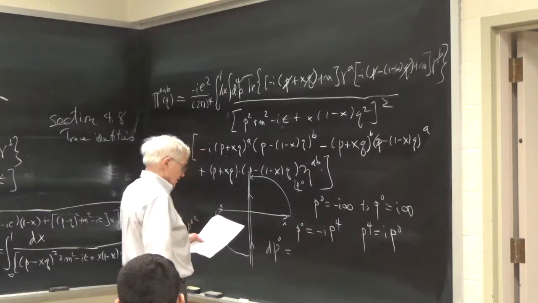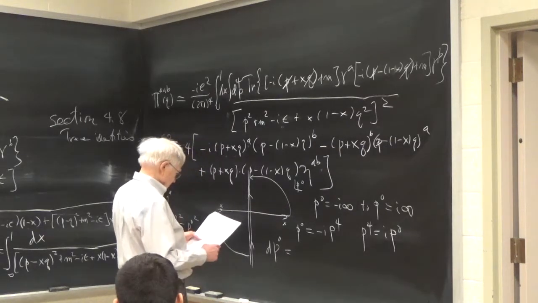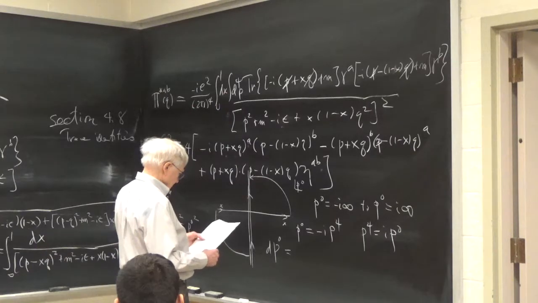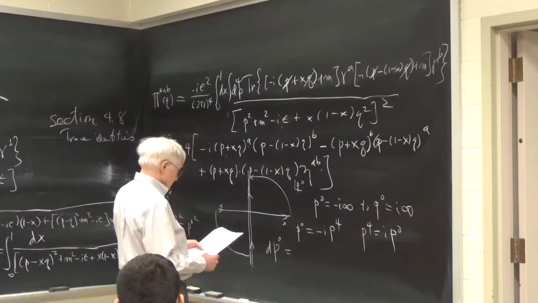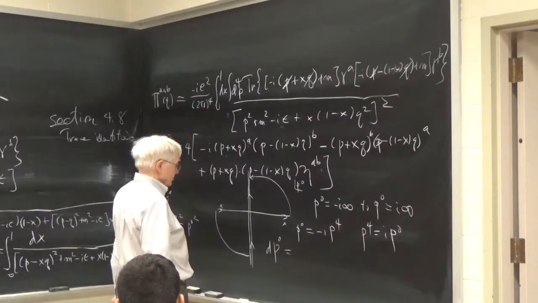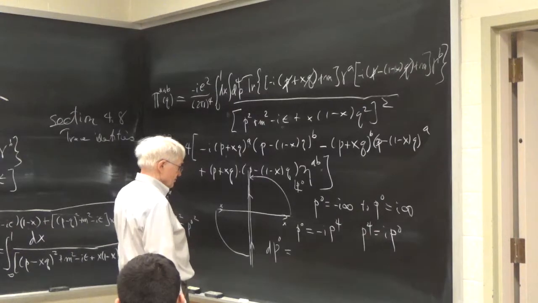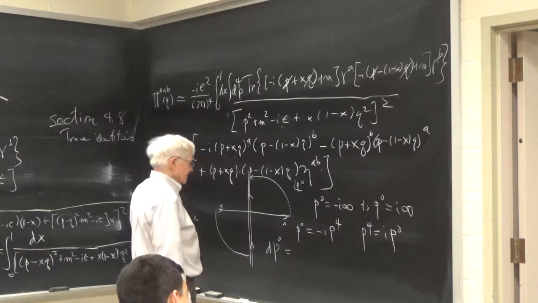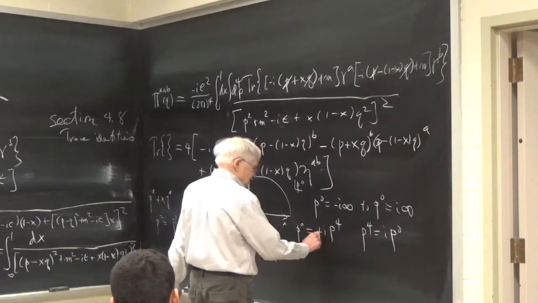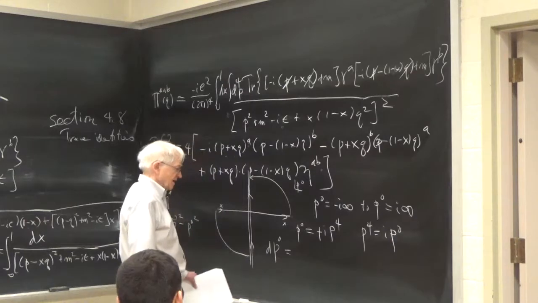All right, I screwed up here somehow. Let me just get this right. P4. I think you've changed around the superscripts. Yeah, I've screwed things up. What I want to say is this is plus i.